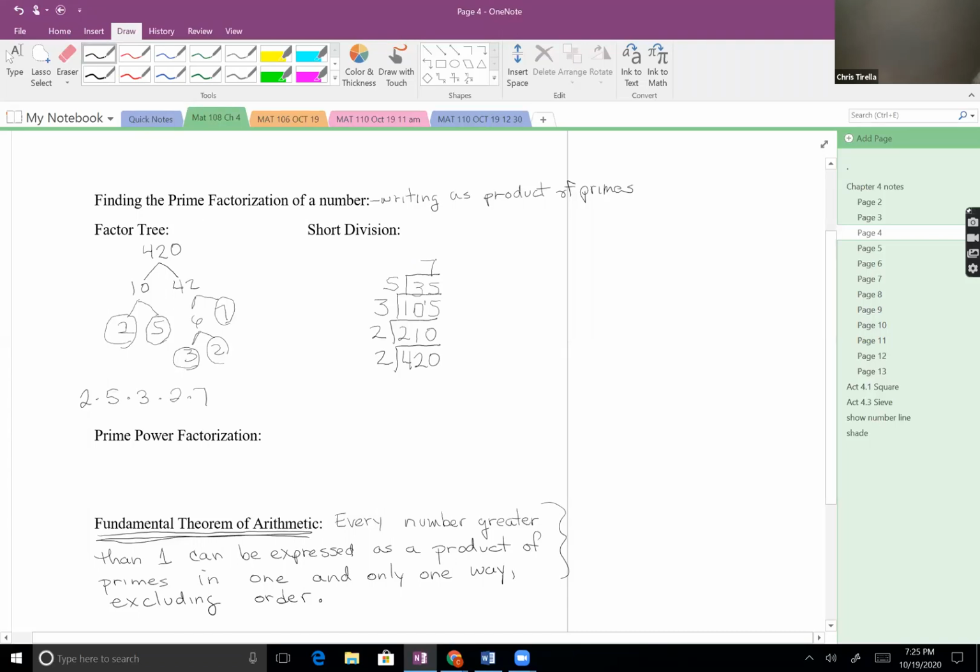And now 7's prime. And so 420 gives us 2 times 2 times 3 times 5 times 7. And do you notice both ways I get the same factors? The only difference is the order in which I wrote them.